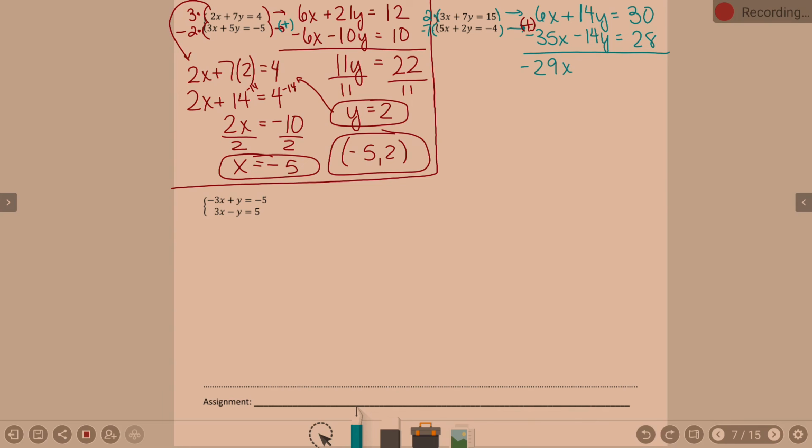Carry down my equals. 30 plus 28, 58. Well, what about negative 29x equals 58? Divided by negative 29, what just so happens? It divides nicely, and x is negative 2.